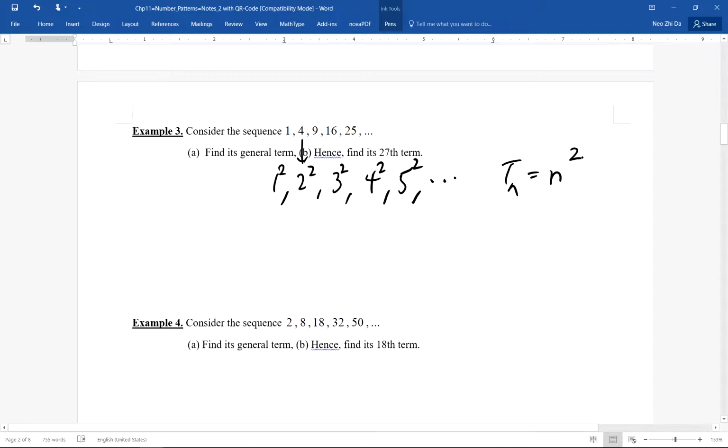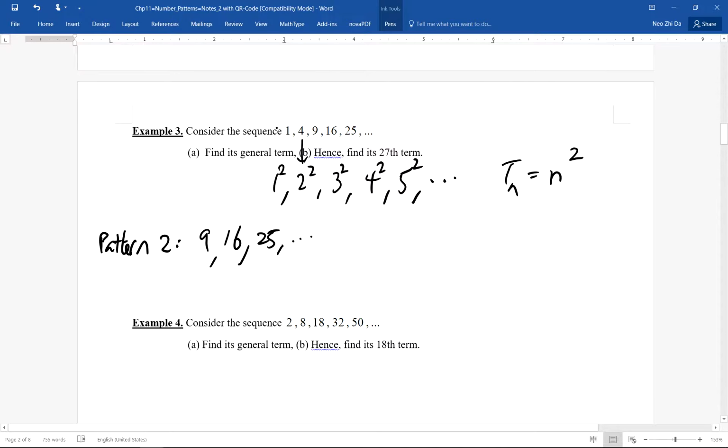Now, last lesson, I showed you all this number pattern. Pattern 2. If today people start at 9, 16, 25, so basically what happened was initially we start with 1, the first term here is 1.